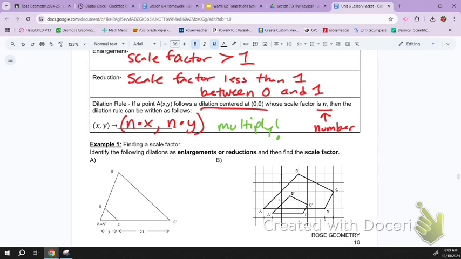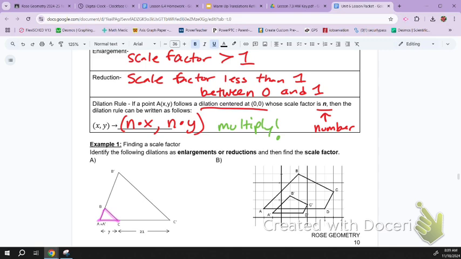In our first couple examples, we need to identify if it's an enlargement or a reduction, and then find the scale factor. So I've got triangle ABC. Why don't you highlight ABC with your highlighters, please?